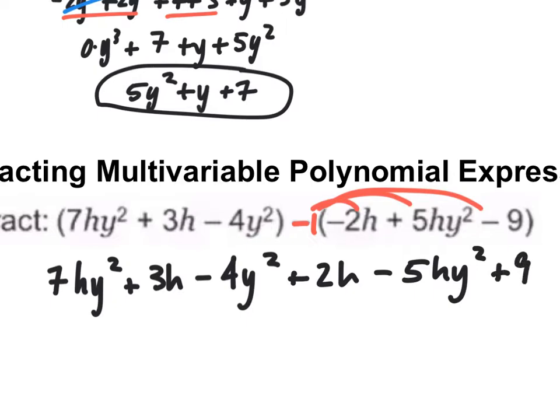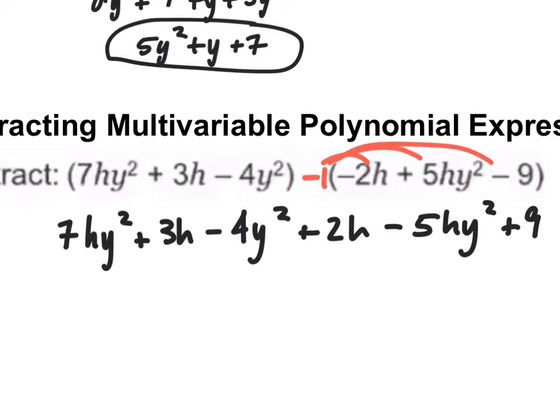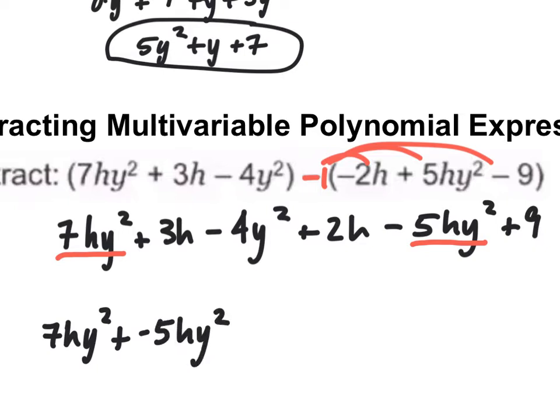Okay, so now I've got to look and see, what are my like terms? What can I combine? The first term I see is a 7hy squared. The other one that has an hy squared is this term over here. So then I come over here and I say, I'm going to do 7hy squared plus negative 5hy squared.